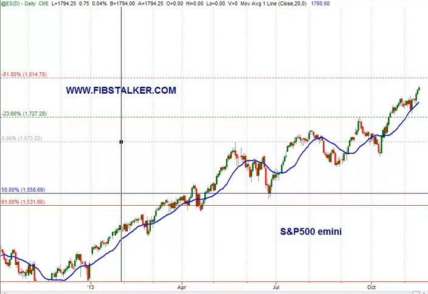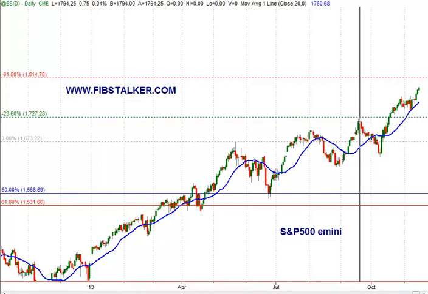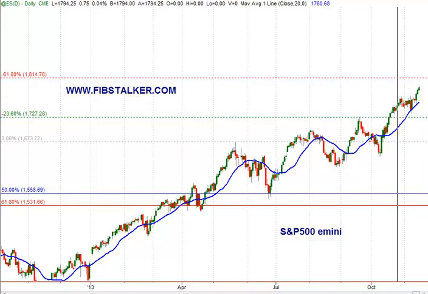And as you can see, price found participation on the downside, found selling just a quarter of a point here from this level, 1727, and we got program trading taking profits here, but we still have a second target in the 1814, 1813 area here.